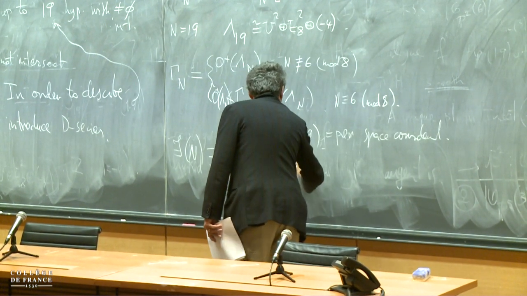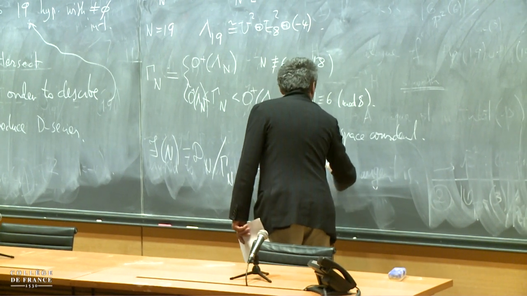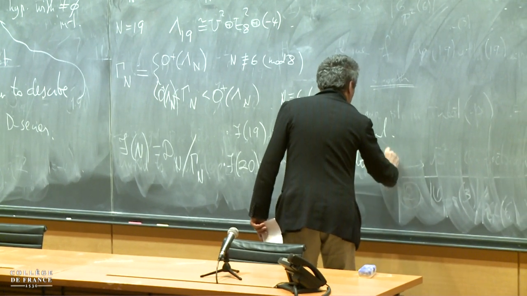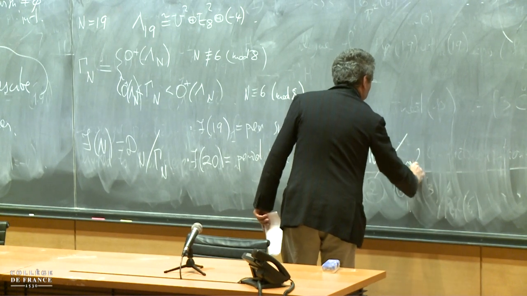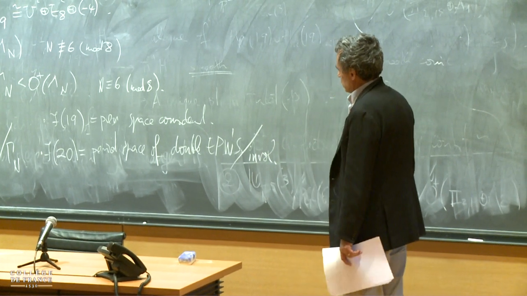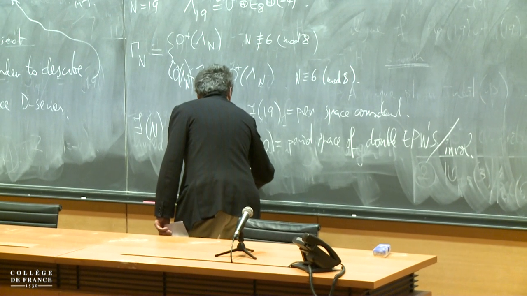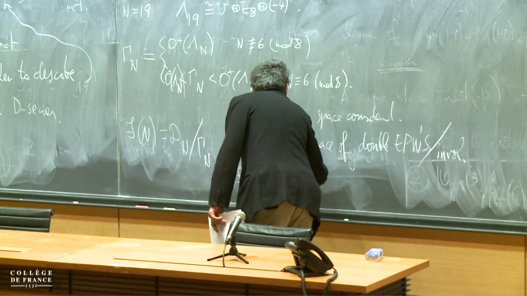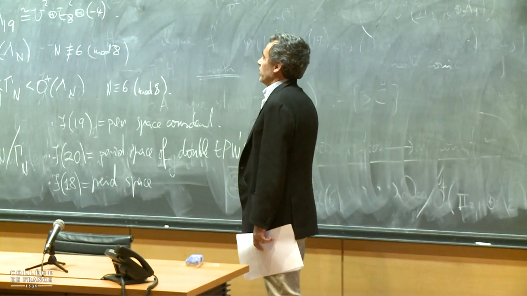If you look at F of 20, this is the period space of double EPW sextics, okay, modulo a natural involution, or if you want, it's the period space for EPW cubes, whatever that means. And F of 18, this is the period space of hyperelliptic degree 4 polarized K3s.